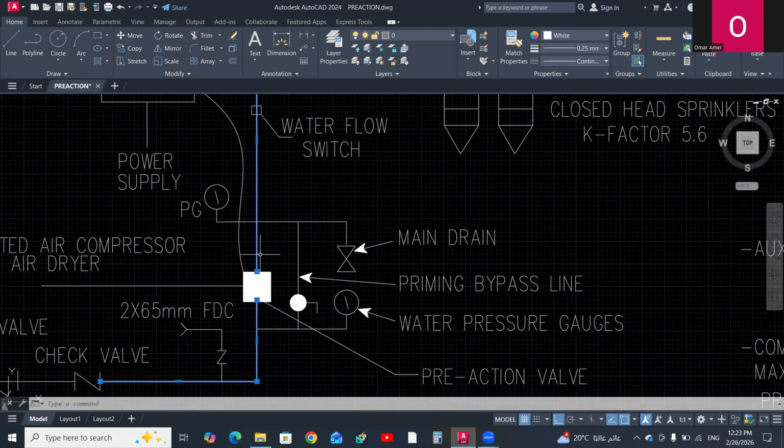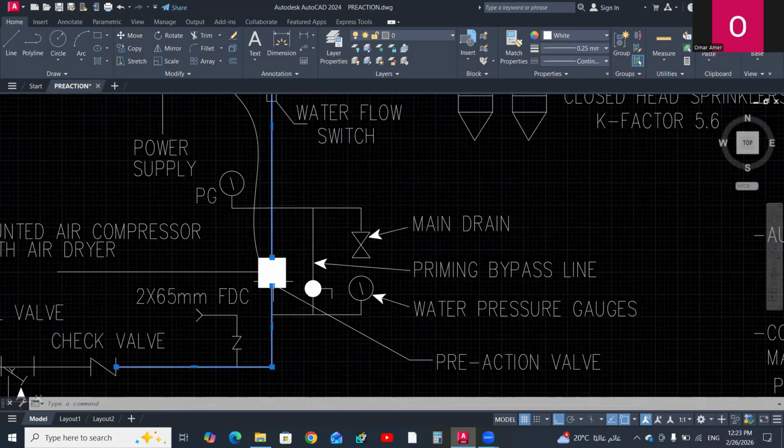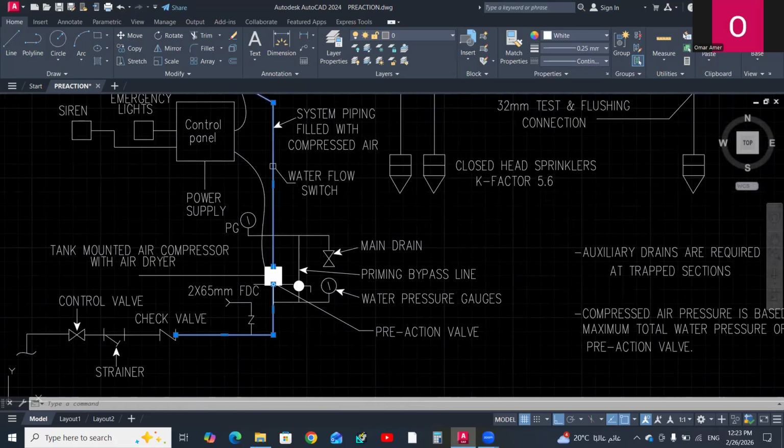The second signal comes from the detectors. So to open the pre-action valve, you have to drop the air pressure or nitrogen pressure below the design pressure. This is the first signal. The second signal comes from the detectors through the control panel.